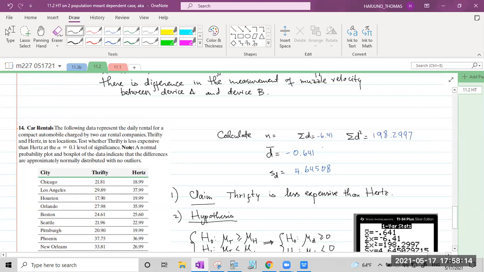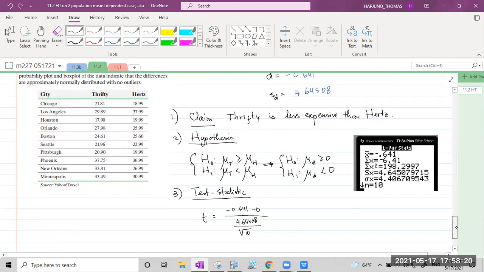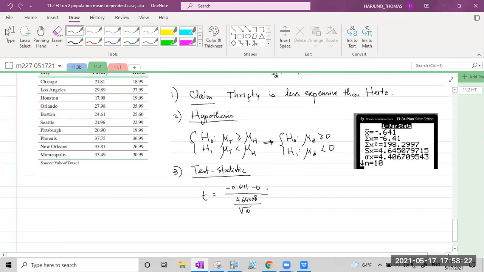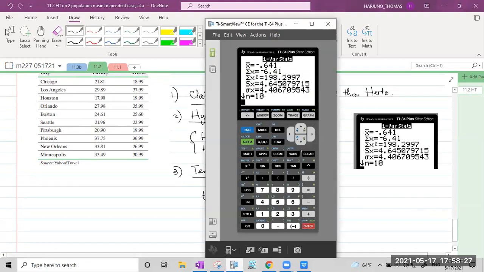Okay, n equals 10. Which is equal to, just use your calculator. I will just use my calculator.